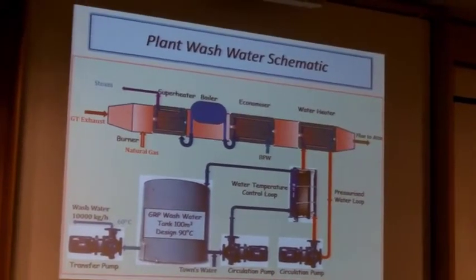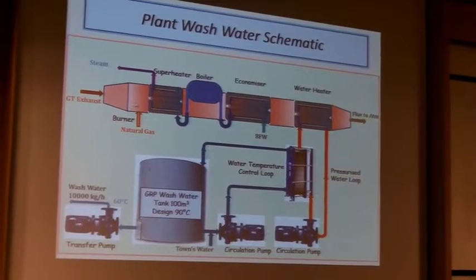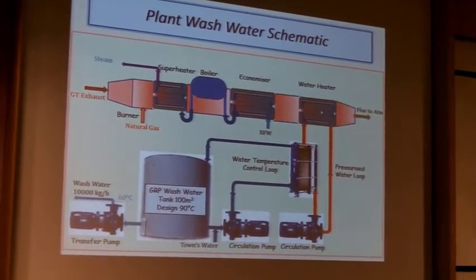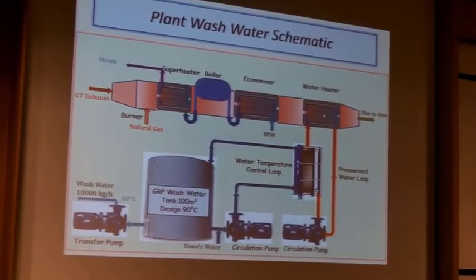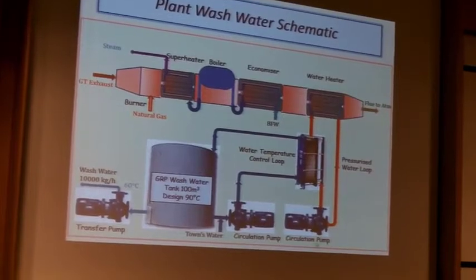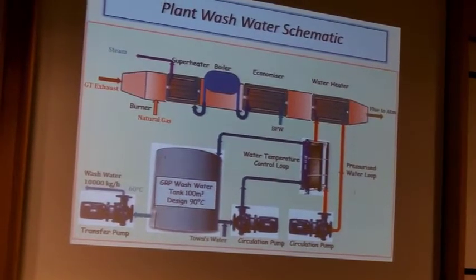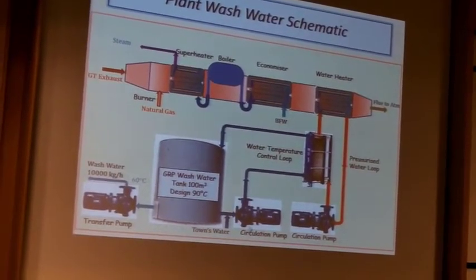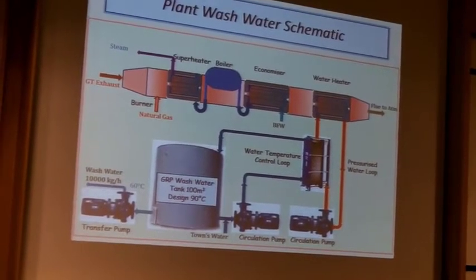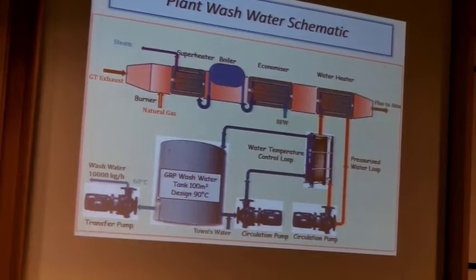So basically what we have is a boiler system, superheater, boiler, economizer, water heater, and then what we set up was a pump around the loop around that heater, and then we set a secondary loop up around the heat exchanger which did the hot water, and then the hot water goes to the plant.